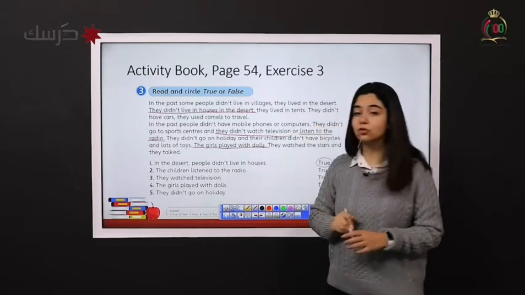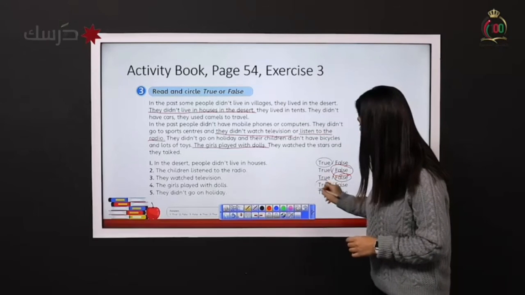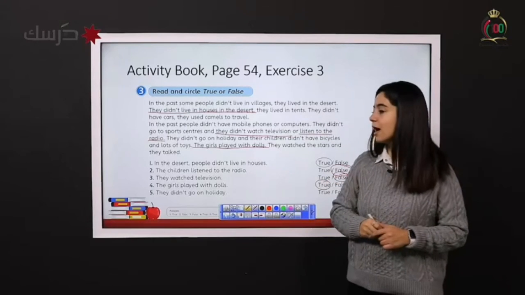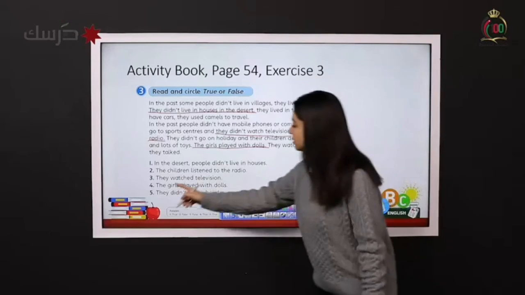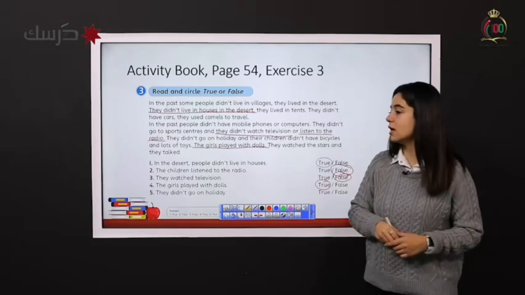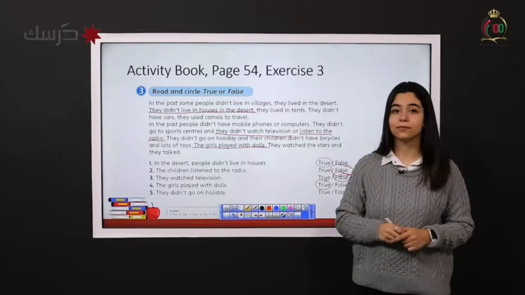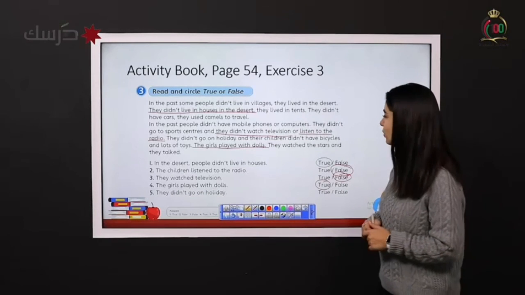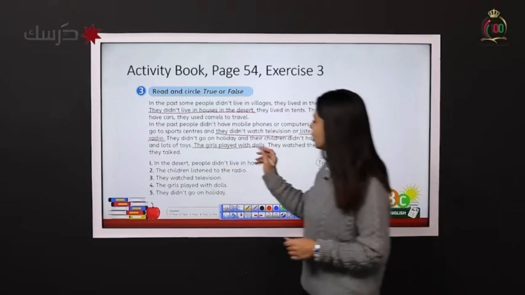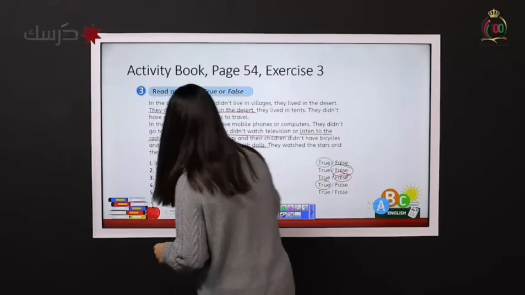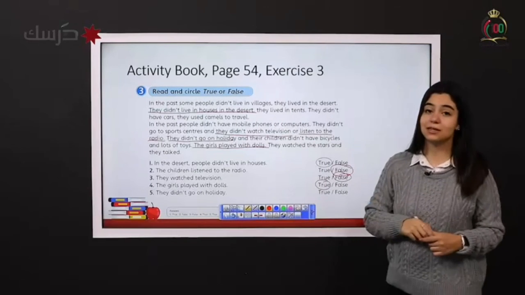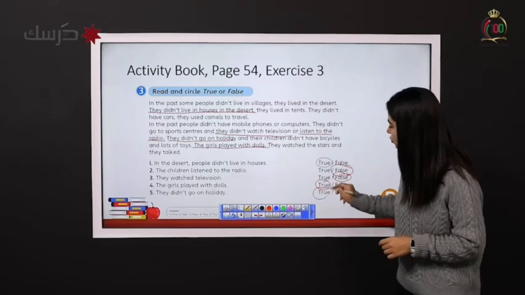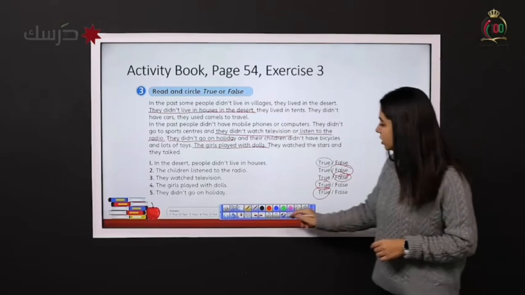Good job. The girls played with dolls. So we are going to circle true. And number 5, they didn't go on holiday. Is this true? Yes, it is. Well done. So we are also going to circle true because it tells us in the text that they didn't go on holiday.